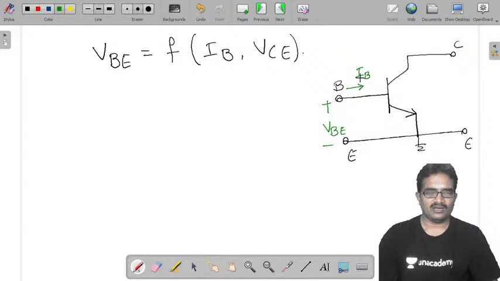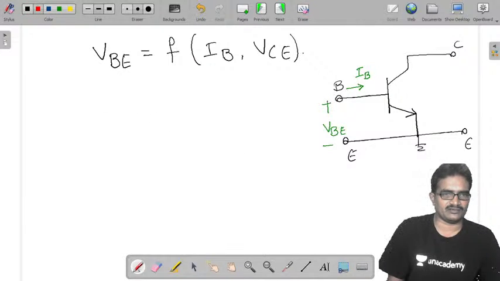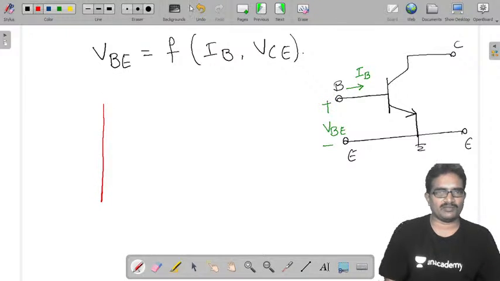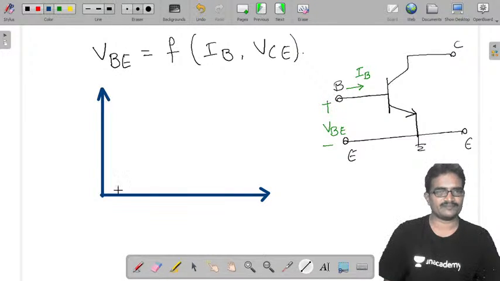Already we mentioned input characteristics means it is a plot between input voltage and input current.